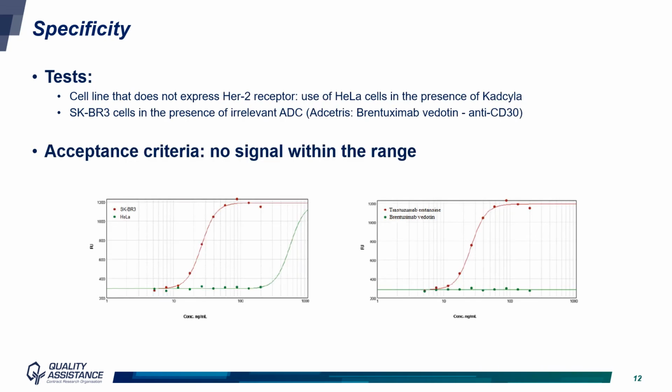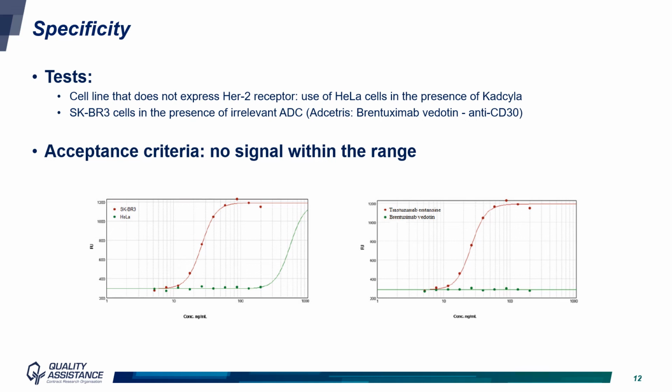The specificity of the bioassay was evaluated in two different ways. First, an irrelevant cell line that doesn't express HER2 receptors was tested. During this test, HeLa cells were cultured in the presence of similar Kadcyla concentrations.